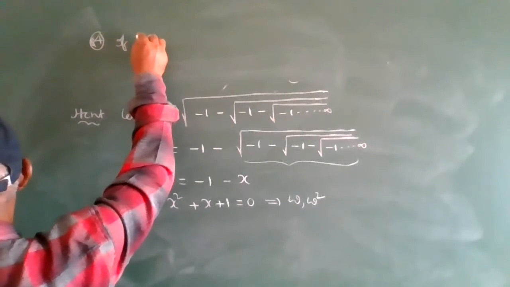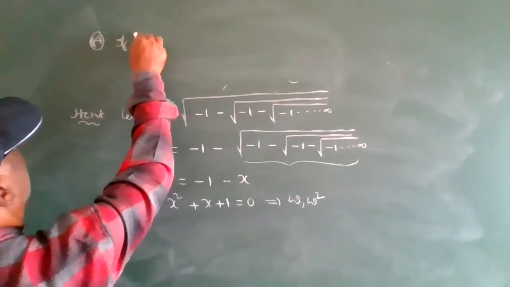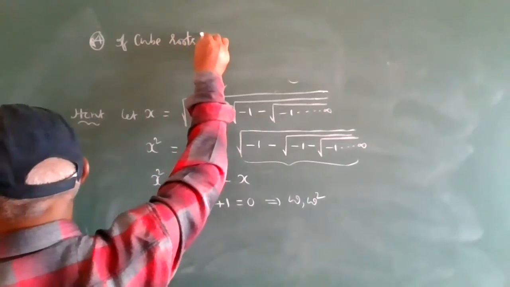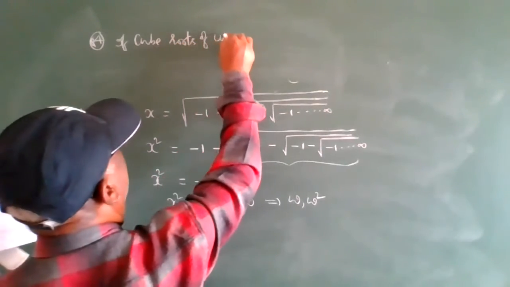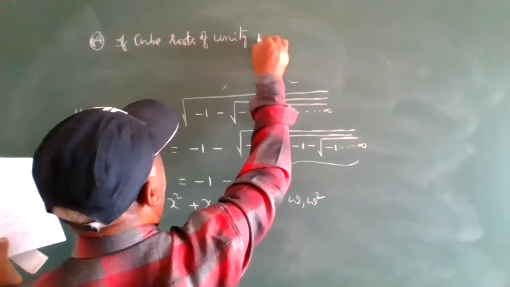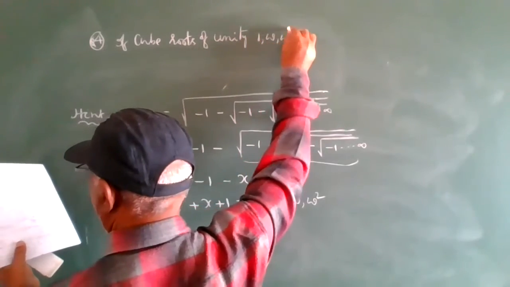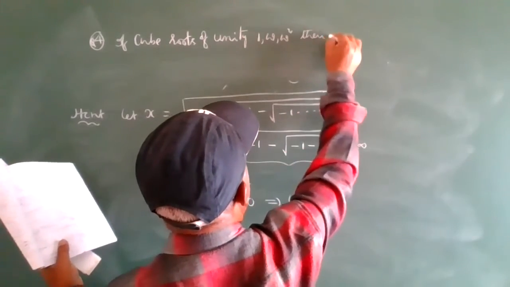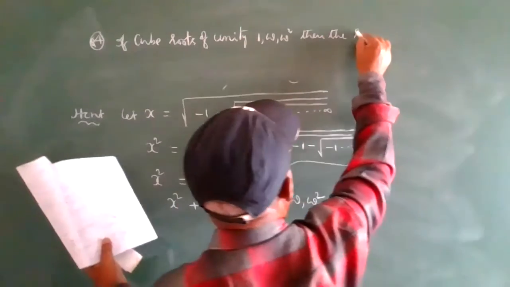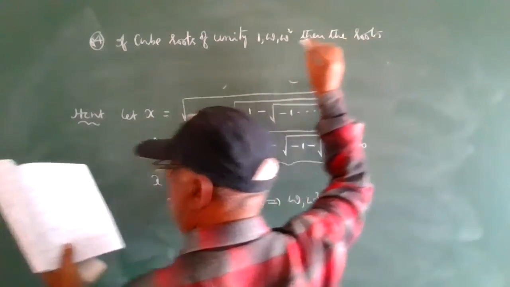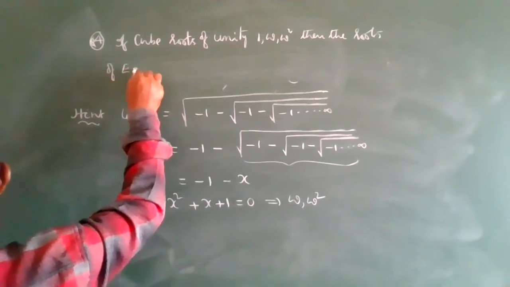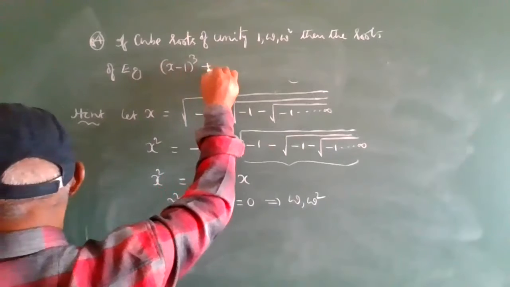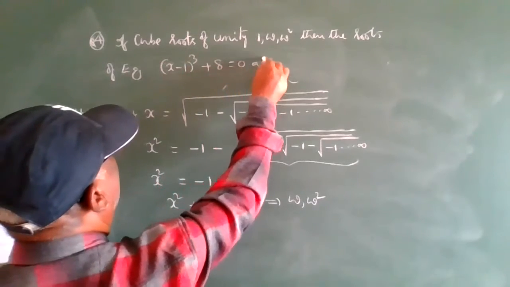If 1, omega, omega square are the cube roots of unity, then the roots of the equation (x minus 1) whole cube plus 8 is equal to 0 are.